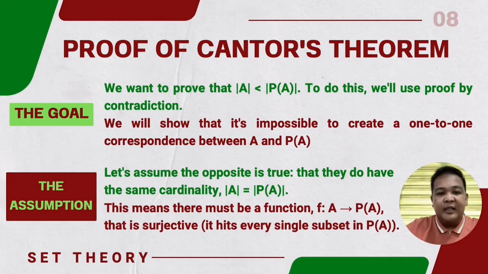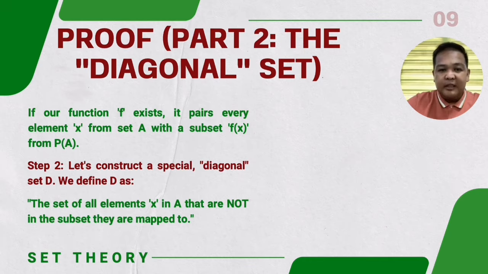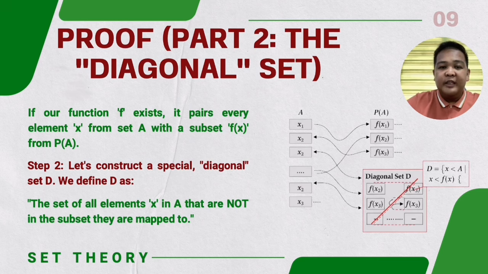So we will now focus on the diagonal set, which is an intriguing part of Cantor's theorem proof. Imagine we have a function f that pairs each element x in set A with a subset f(x) in P(A). Now we introduce a special set which we call the diagonal set D. The magic of this set lies in its construction.